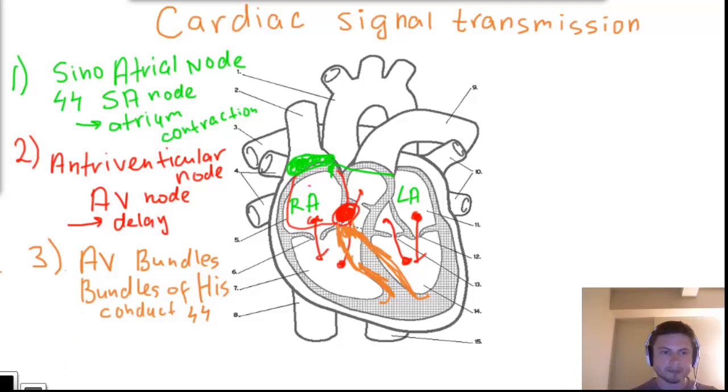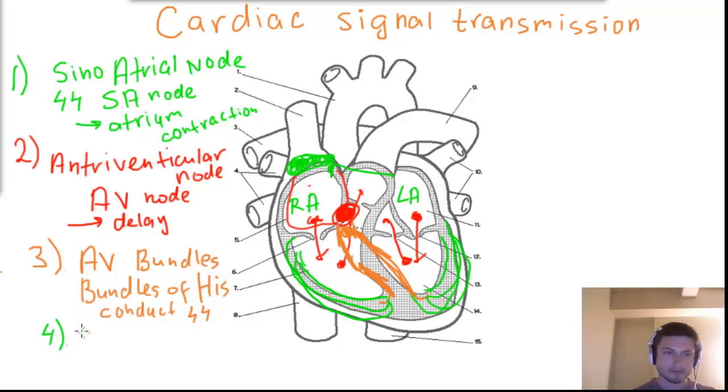And the next part, I'm going to draw in green again because this is also go. This is also signal generation, but in the ventricles this time. So this goes down here and spreads into long fibers that innervate your ventricles, because now you want to contract your ventricles. Everything inside the heart has a name because it's the coolest organ.